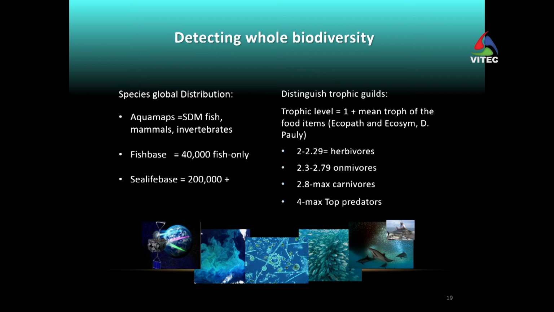I made use of one of the most comprehensive databases about occurrences of different species, from fishes, marine mammals, invertebrates, etc. And on all these occurrences data, me and my colleagues calculated species distribution models to have layers of the distribution of every species at the global level.